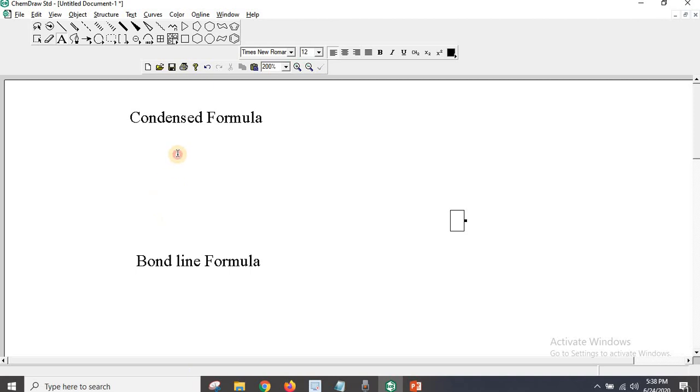It is like CH3-CH3, or you can write this formula as CH3CH3.